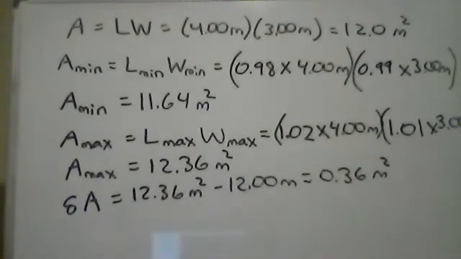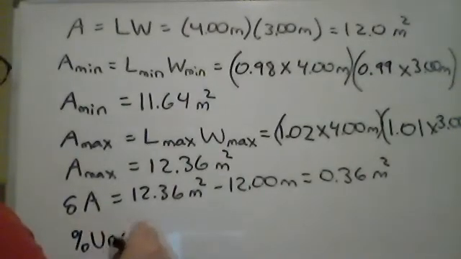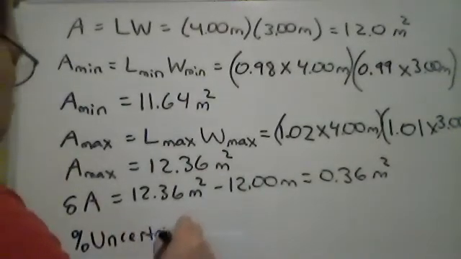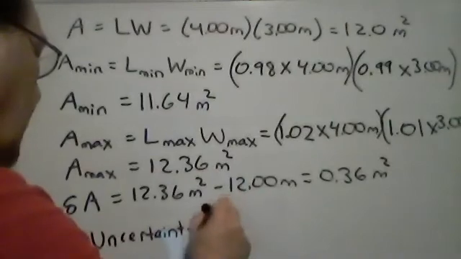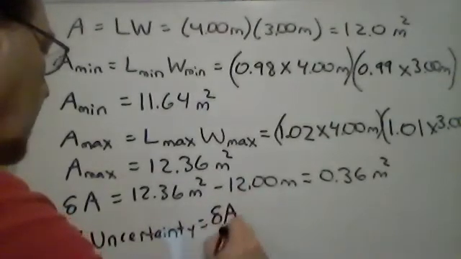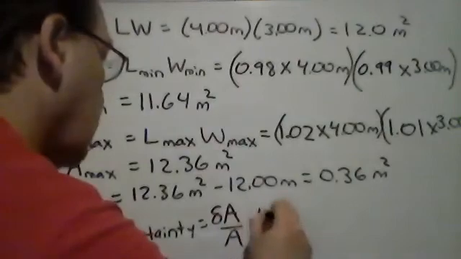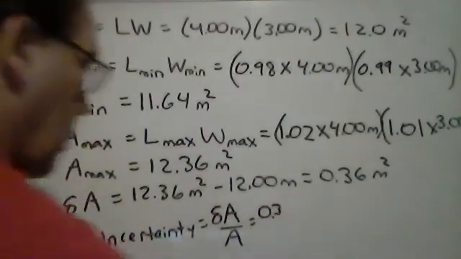What's the percent uncertainty? That's going to be delta A over the A nominal, and then multiply by 100%, of course.